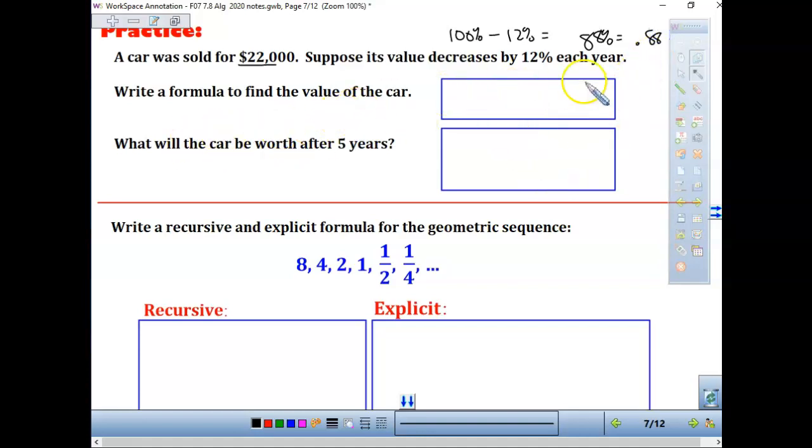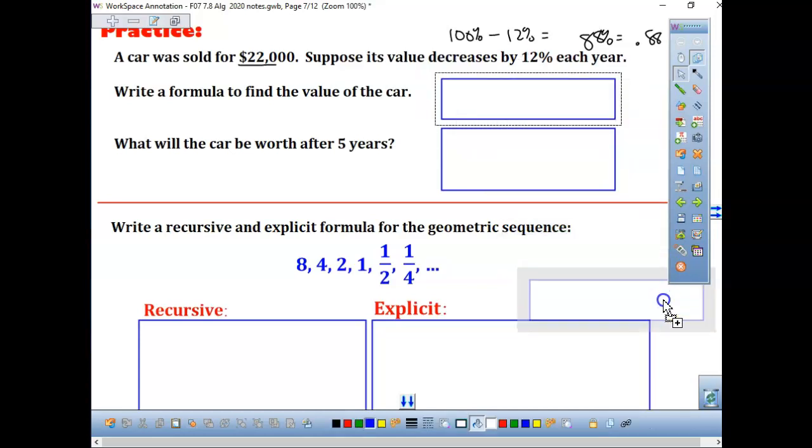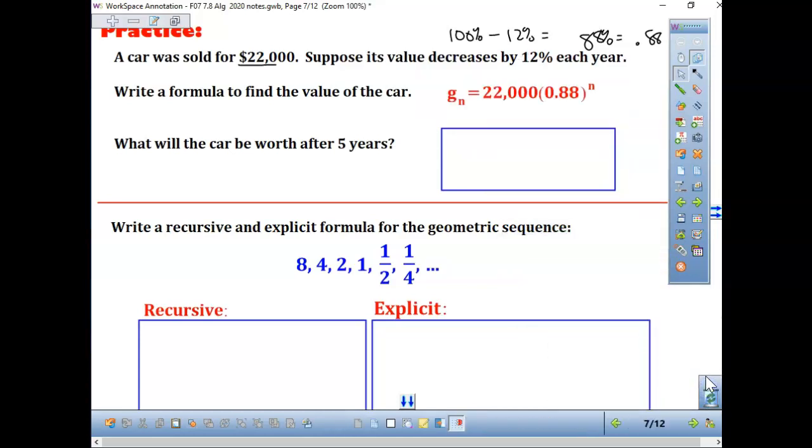So we want to write a formula to find the value of our car. A lot of times the easiest one is, this is our starting point, the 22,000. So G to the n is going to be equal to 22,000 times 0.88 to the n. Our 0 term, 0.88. So now we are just going to be filling in.